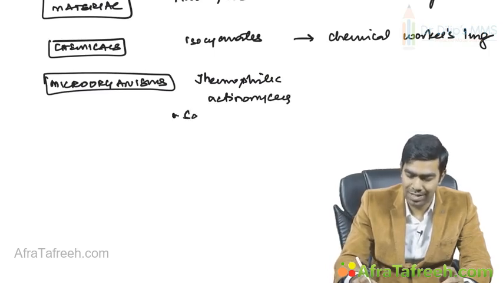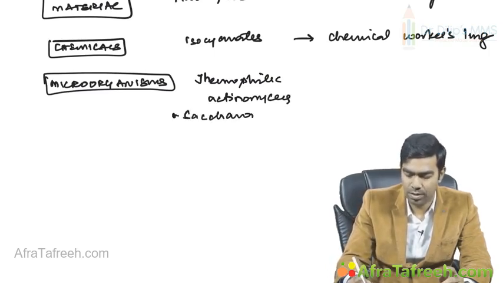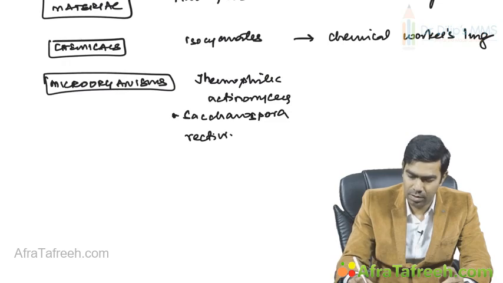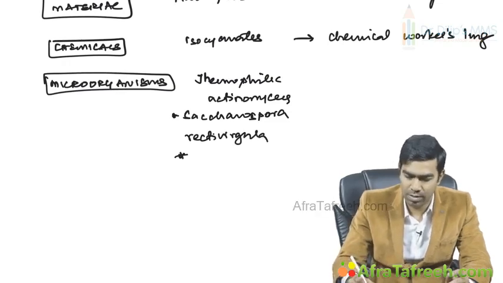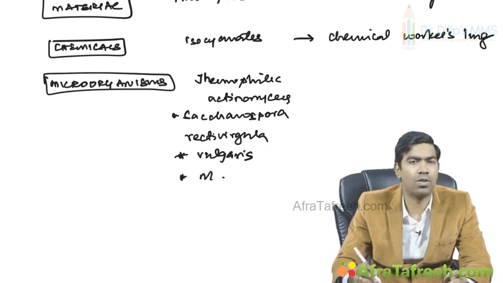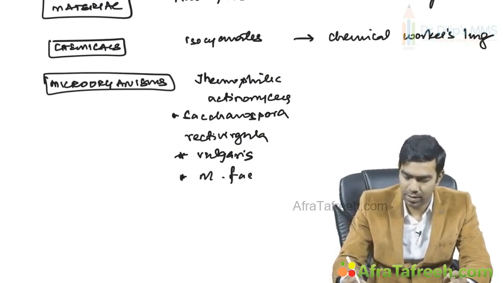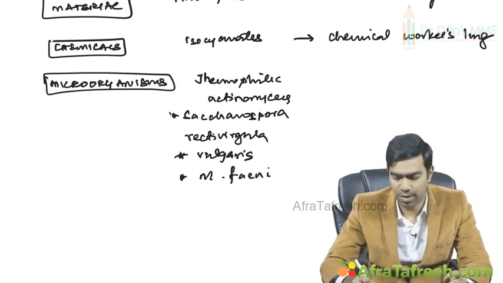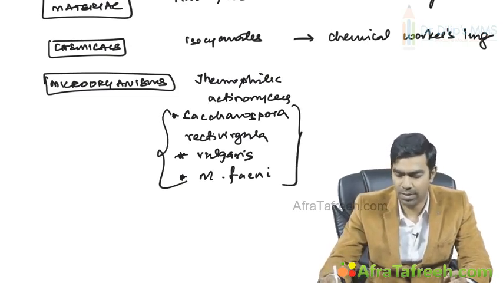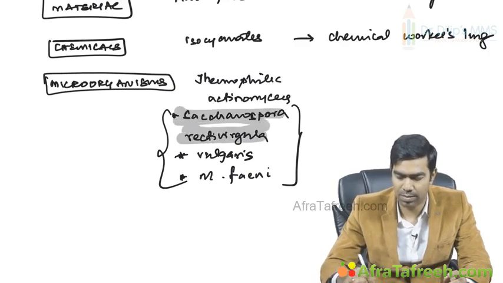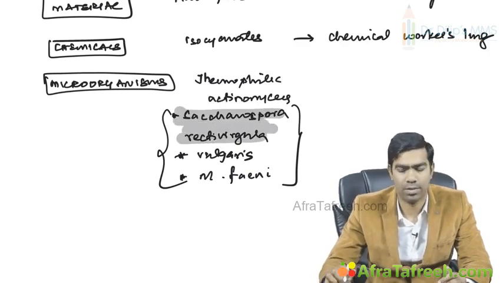One is called Saccharopolyspora rectivirgula. Second is Thermoactinomyces vulgaris. And the third one, you have something called Microspora faeni. Clear? So these are the very important organisms that you have to know. Especially Saccharopolyspora rectivirgula has been a very, very important question for exams.